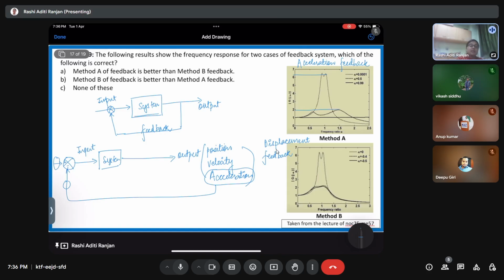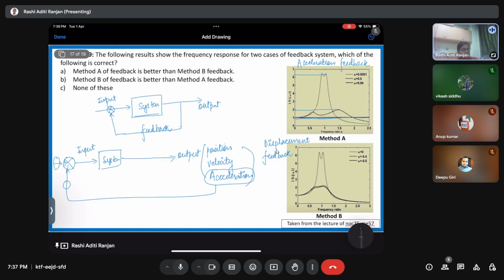And now when I take alpha 0.99, you can see how much the amplitude is. 1. Essentially, this is amplitude ratio. And if I talk about amplitude ratio, one means what? Whatever is my input, output is the same. And it is not having any kind of increase in the value of the amplitude. Okay. So this is my effective acceleration feedback with the variation of parameter alpha.